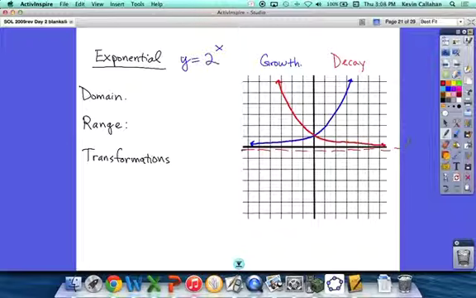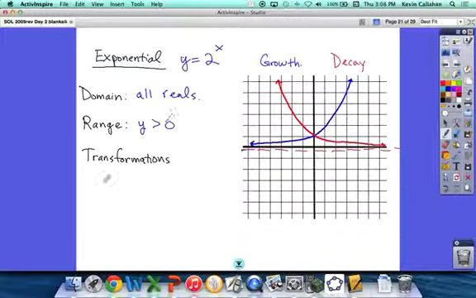So these arrows are intended to look like they're going infinitely to the left and infinitely to the right, which means the domain is all real. But what is the range for both of those? Greater than, not greater than or equal to, because it can't touch the x-axis. So got to be careful to say y greater than 0.